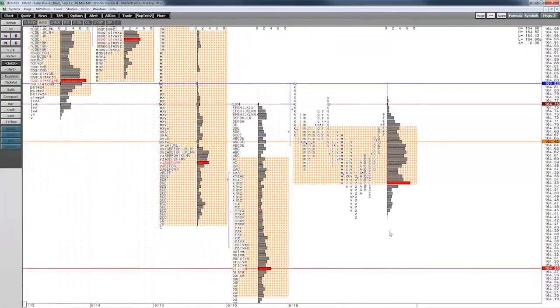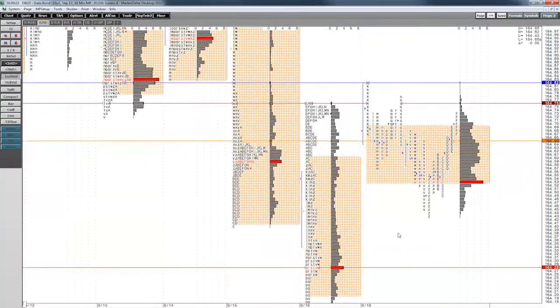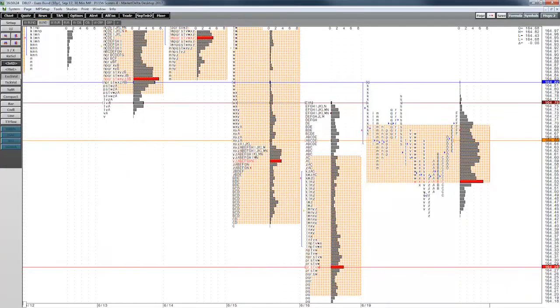Now, remember what I said, when you get an open test drive, there's a high probability that we continue to see rotations in the direction of the drive. So we saw the K print drive back down, the L print continued, the M print continued, the N print, and the P print remained within the M print. In order for this to have been a successful strategy or continuation, we needed to see a break below those 61s on the P print.